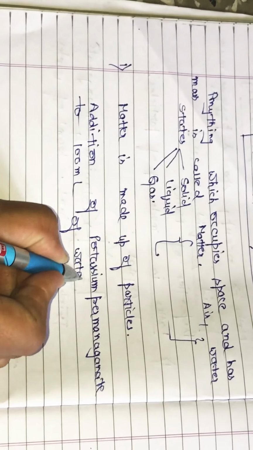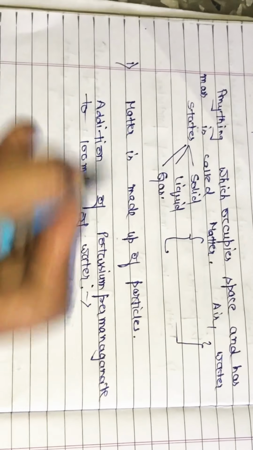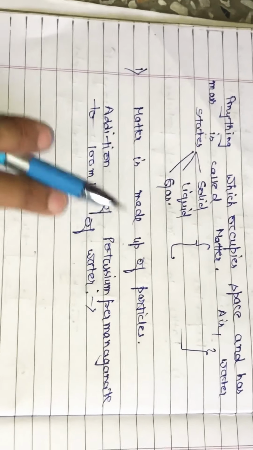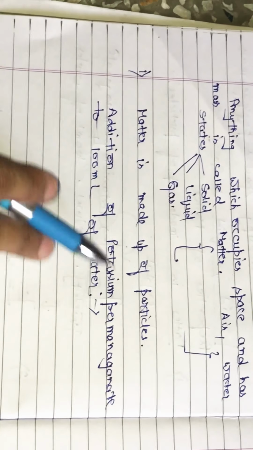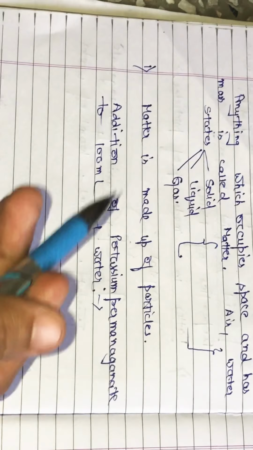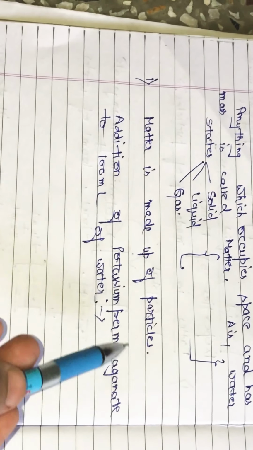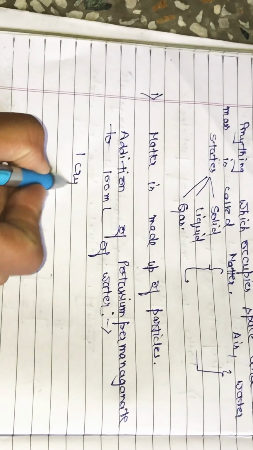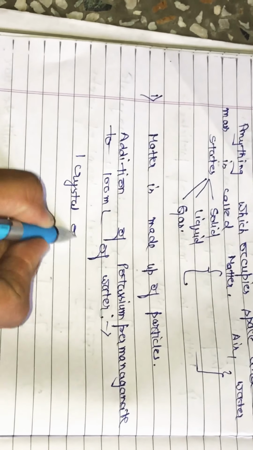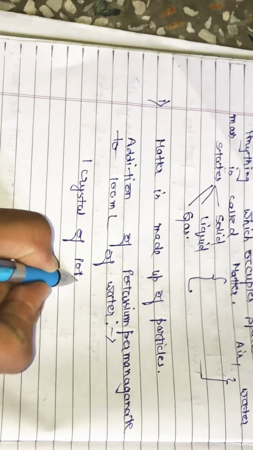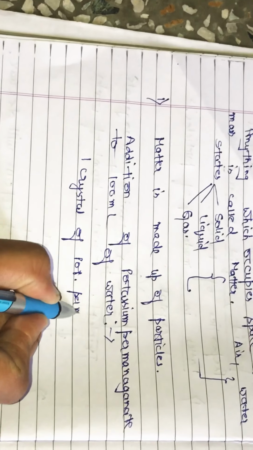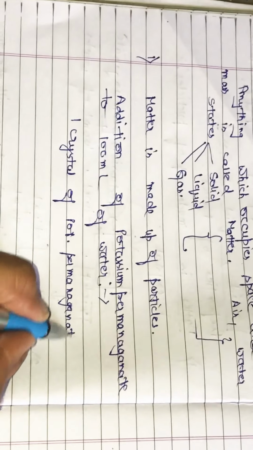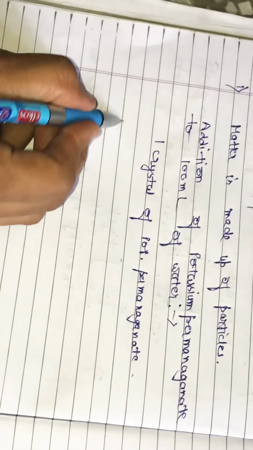Basically, in this activity we are going to prove that matter can be divided into a number of particles, so we are concluding that matter is made up of particles. How will we do it? We will take one crystal of potassium permanganate and add it to 100 ml of water in a beaker.